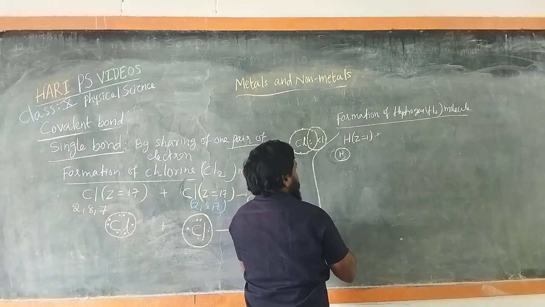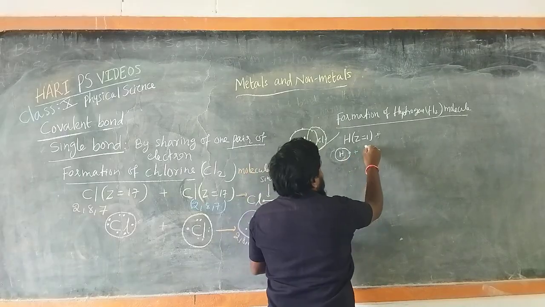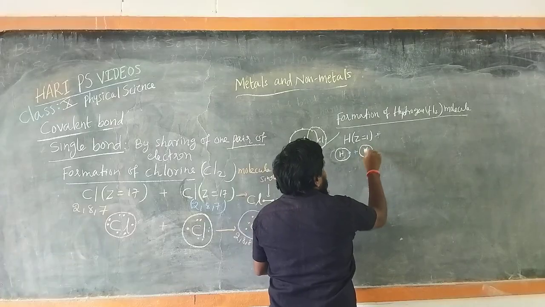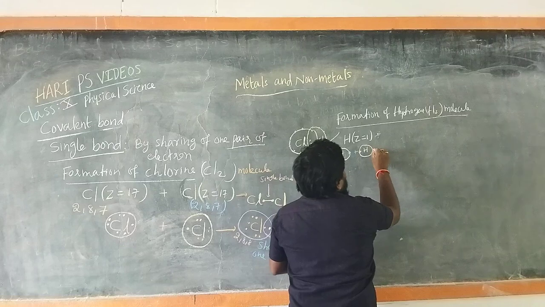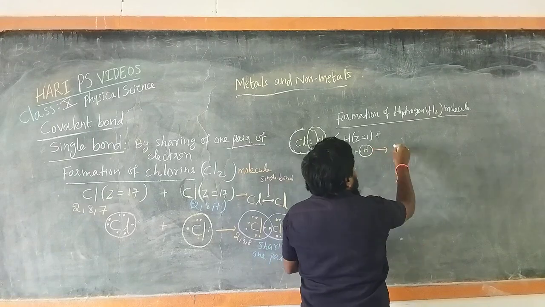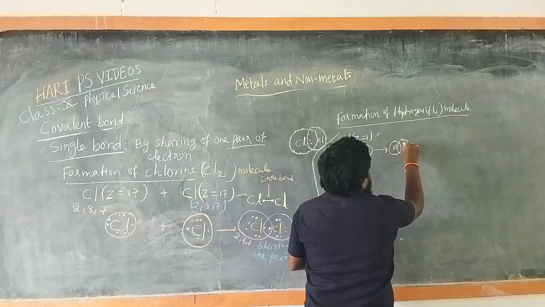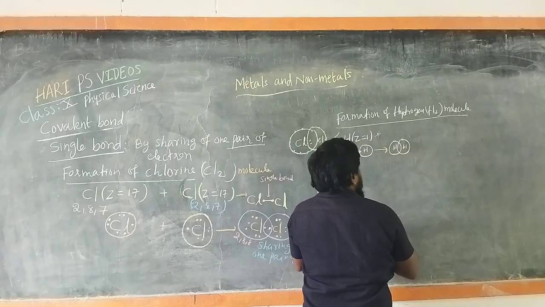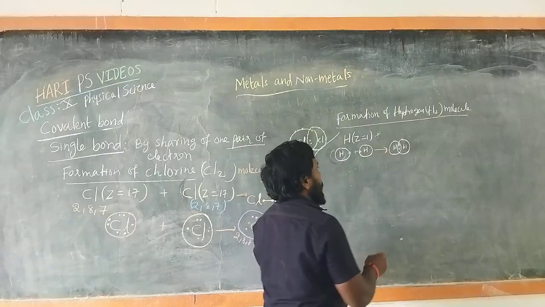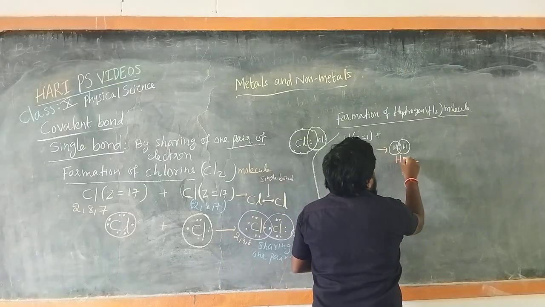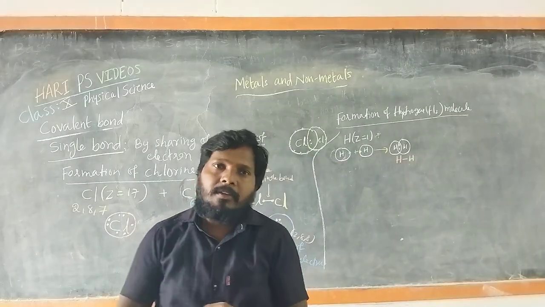Hydrogen has only one electron, plus the other hydrogen also has only one electron. These two combine, then two electrons are shared and a hydrogen bond is formed.